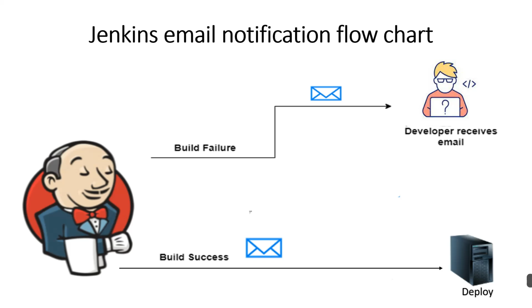So today we will see how Jenkins sends notification through email when the build is success or when the build is failed. Here you can see the flow chart. Suppose we build any project, and there is a post build action, right?